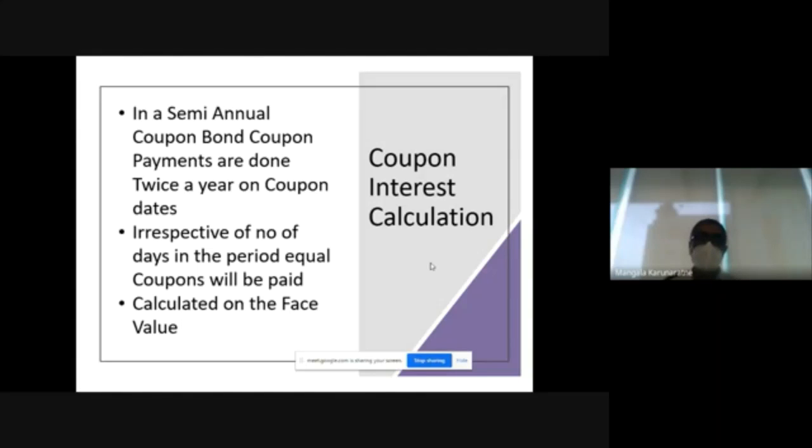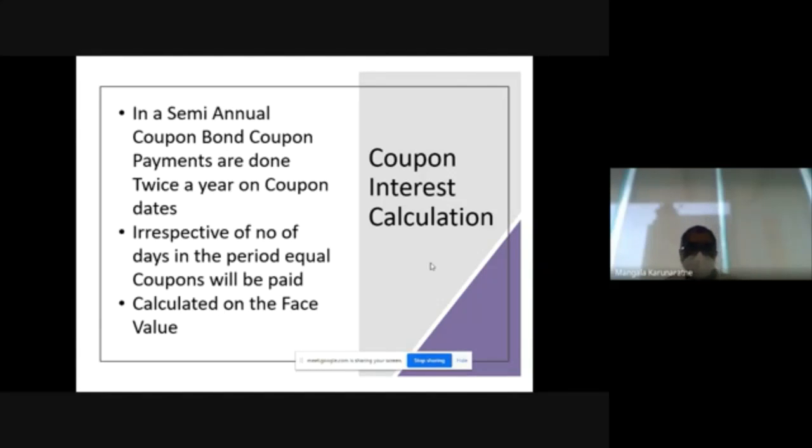Now if you take two coupon periods, since we have 365 days per year and we have different days for months, like January 31, 28 or 29 in February, 31, 30 and so on, we have different numbers of days for these different coupon periods. But irrespective of the number of days in a period, we take equal coupons.